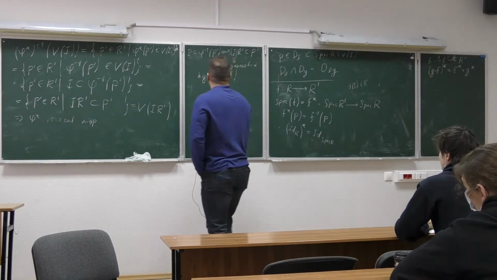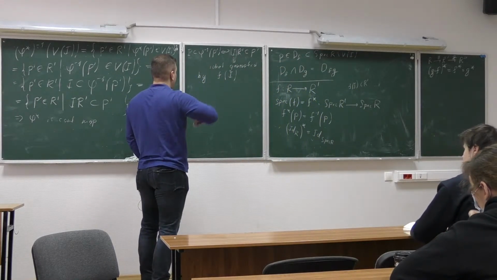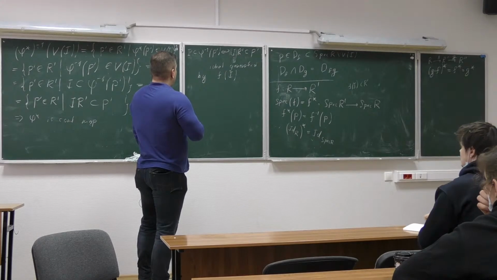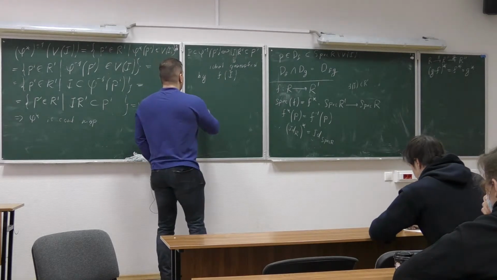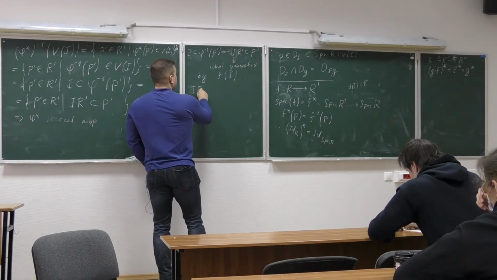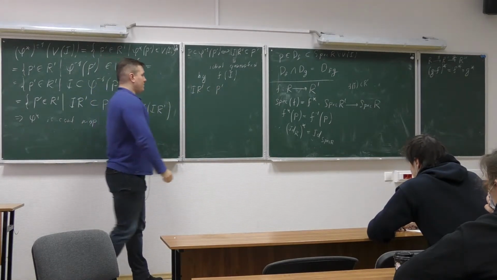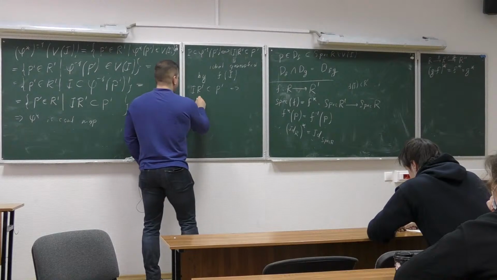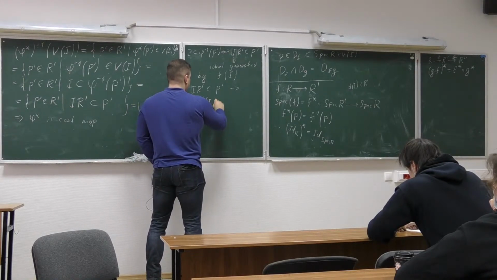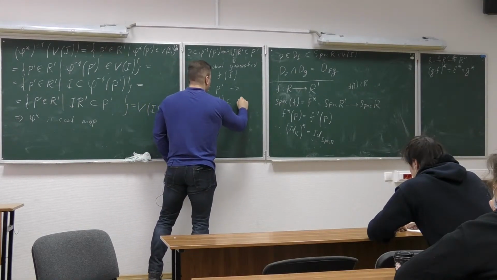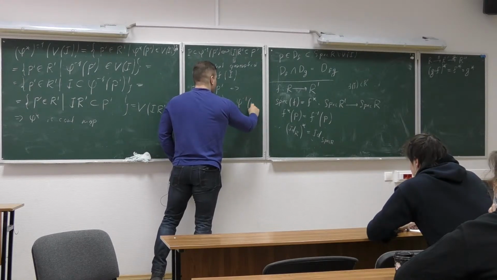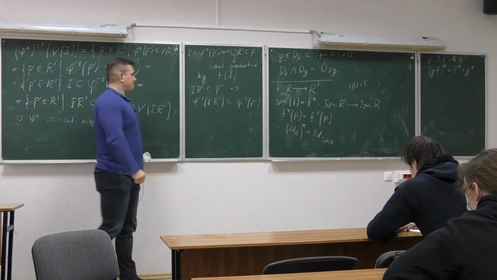Now we need to understand why these two conditions are equivalent. Well, for example, if I assume that I have this, then this implies that if I take the pre-images, I still get an inclusion of this form.